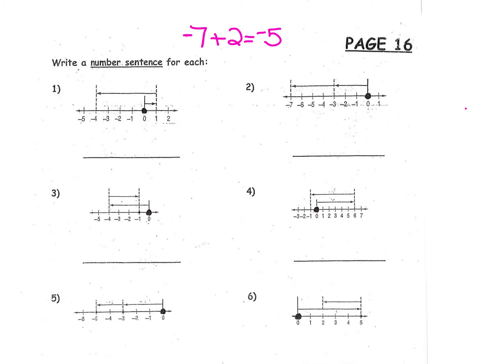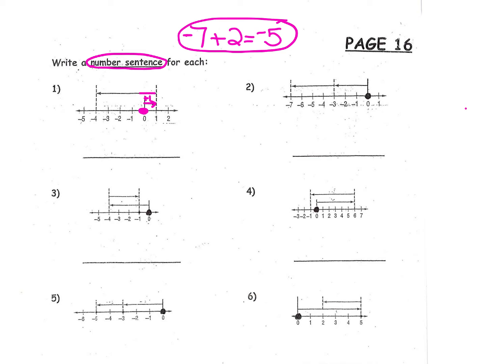On page 16, we're given an addition problem modeled on the number line. We're asked to write a number sentence for the model we've been given. Let's take a look at number 1. We know we start at 0, and if you look at your first vector, it's over positive 1.